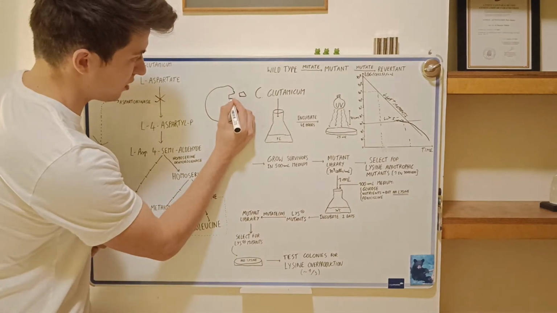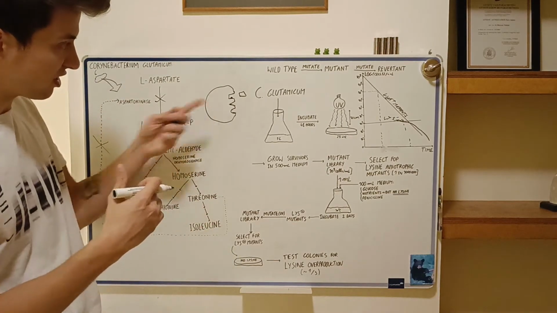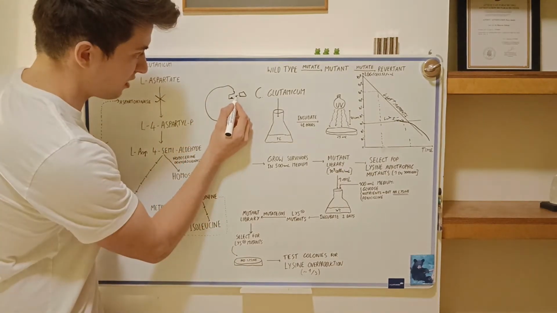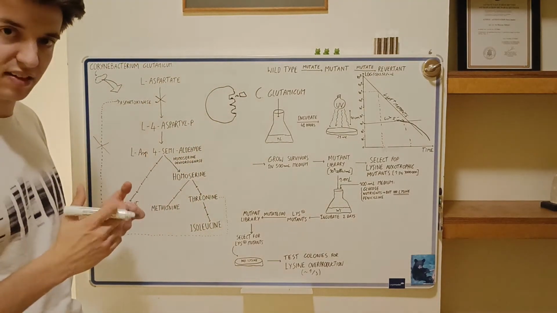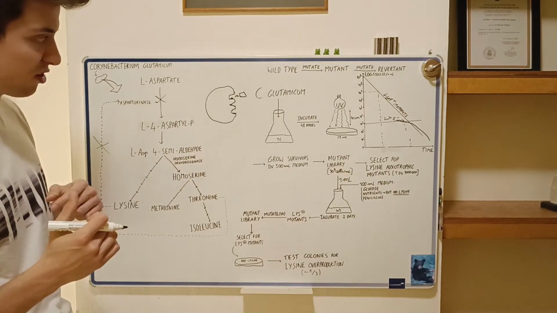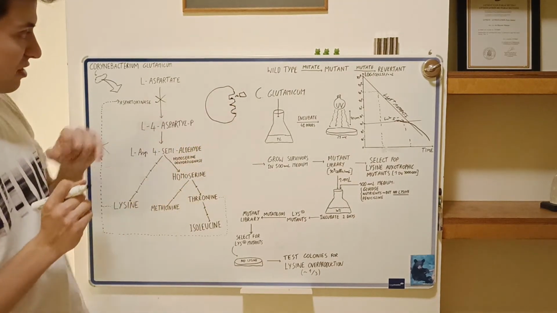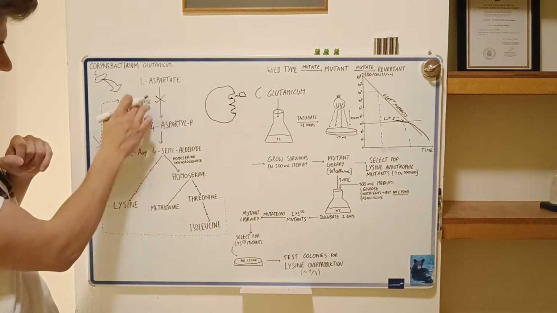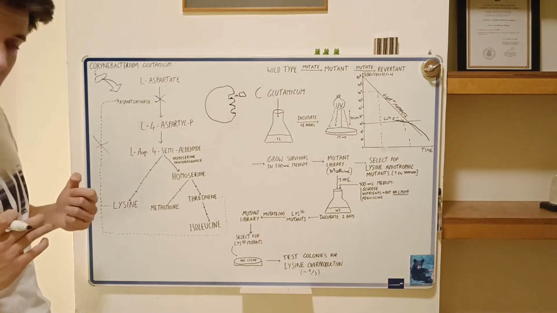For example, here there is a conformational change because of changes in the DNA which result in changes in our protein here, and this cannot happen anymore. So this would be a lysine negative cell, right? Because the aspartokinase it forms has this structure and L-aspartate can't bind, and therefore lysine can't be produced, right?